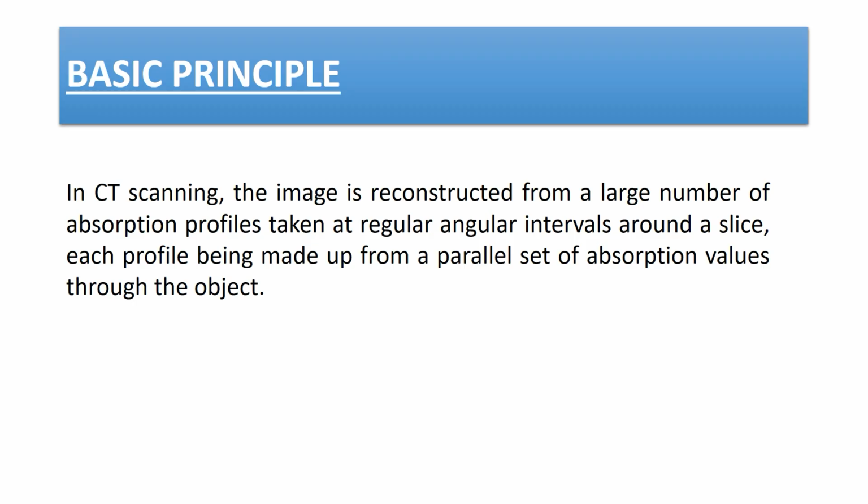Let's discuss the basic principle of the CT scan. In the CT scan, the image is reconstructed from a large number of absorption profiles taken at regular intervals around the slice, each profile being made up of a parallel set of absorption values through the object.